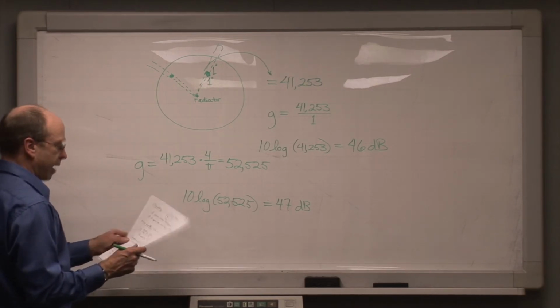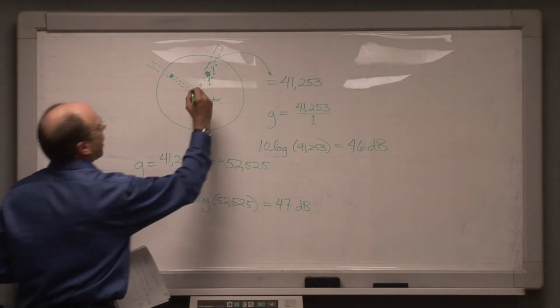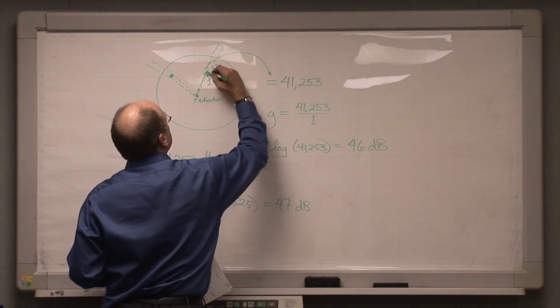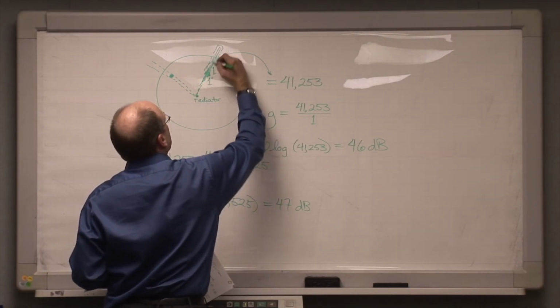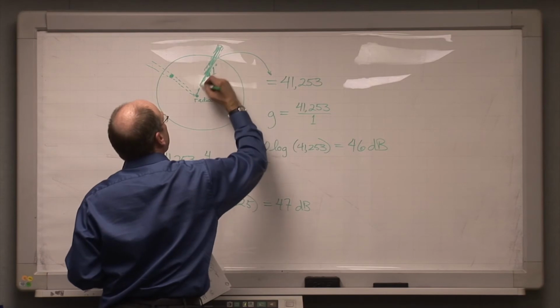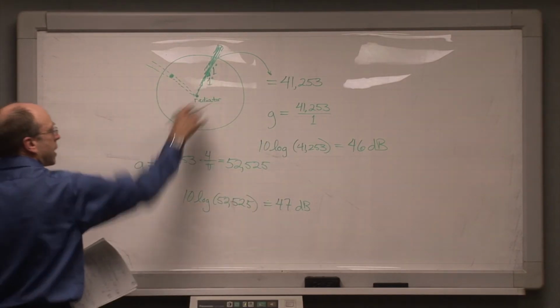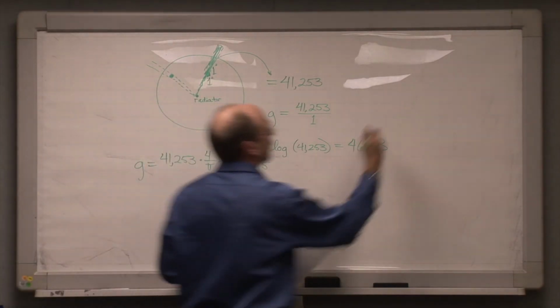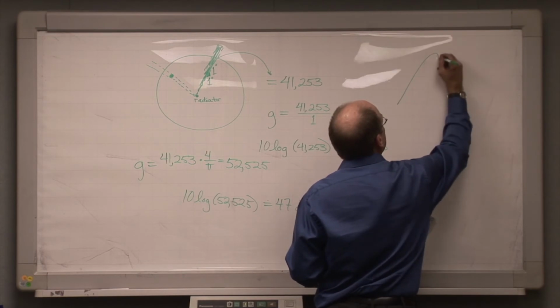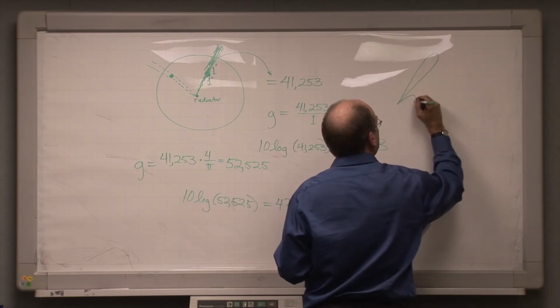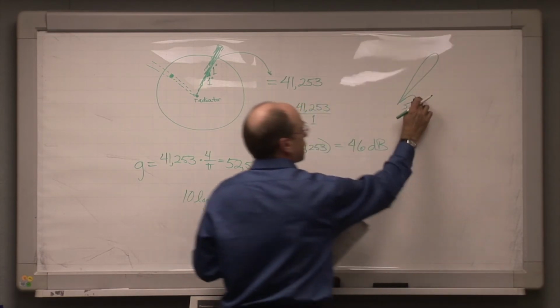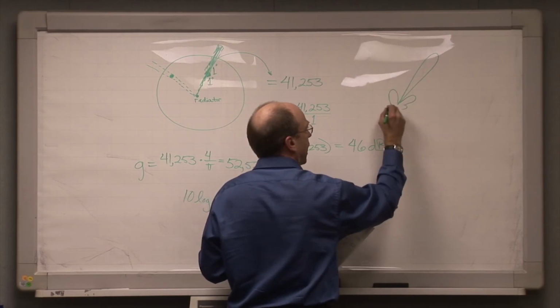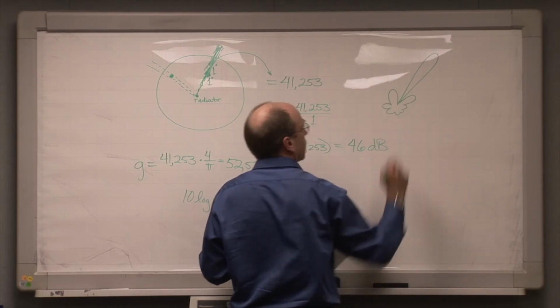Now, real antennas are not able to squeeze all the energy into a single zone like this with no other energy radiated in any other direction. I've already alluded to the fact that the real radiation pattern of an antenna is going to look something like this. Typically, the first side lobe on either side is going to be the highest, but that can vary.